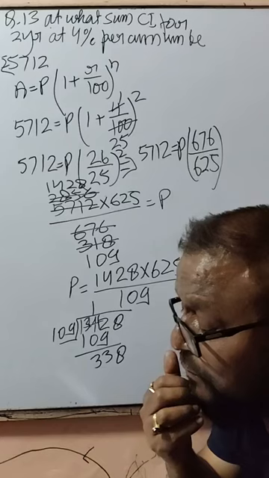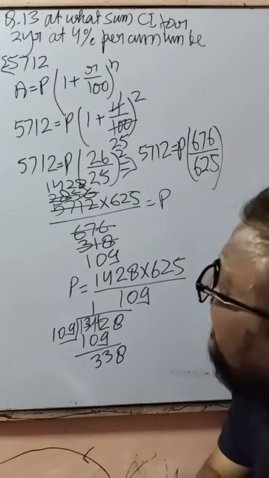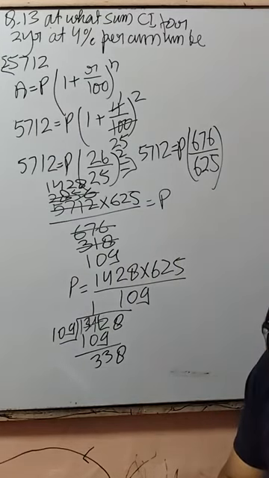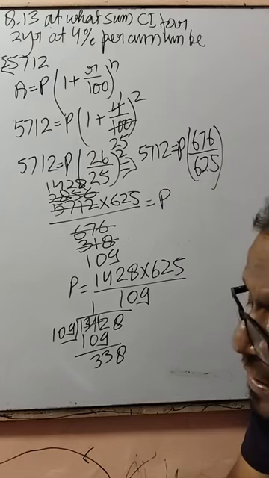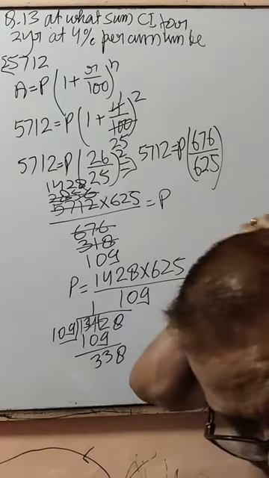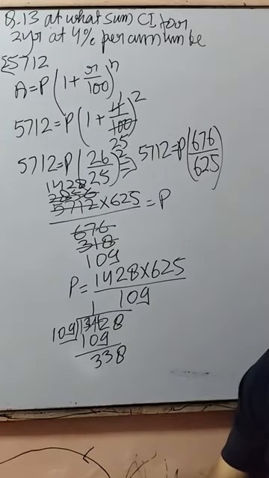So 70,000 is coming. So 70,000? How can it be possible, man? Sir, this is 2.213. You people cannot read the question.